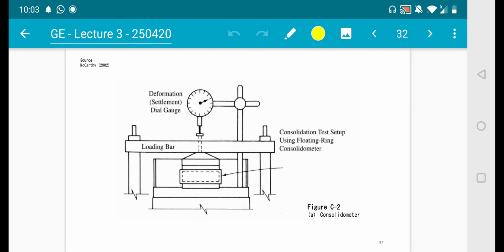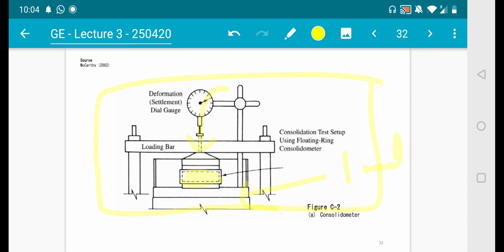Now let's recap on this. This is the apparatus for your consolidation test. You put soil over here, and then you apply loading on top, and you read the dial gauge. You have a series of loading and unloading of loads.